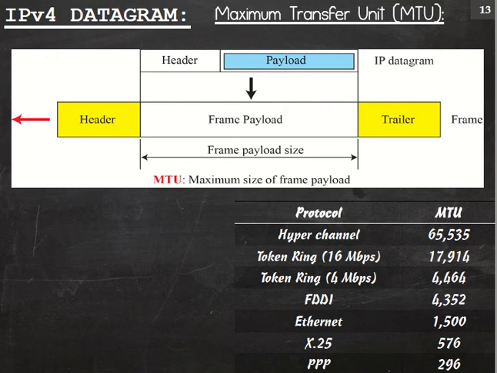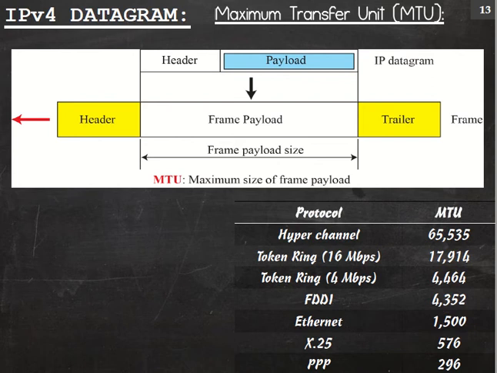Based on the hardware and software specification, we need to restrict the size of a datagram. The value of this MTU, the maximum transfer unit, differs from one physical network protocol to another. For example, as I said earlier, LAN will have a different MTU compared to WAN.